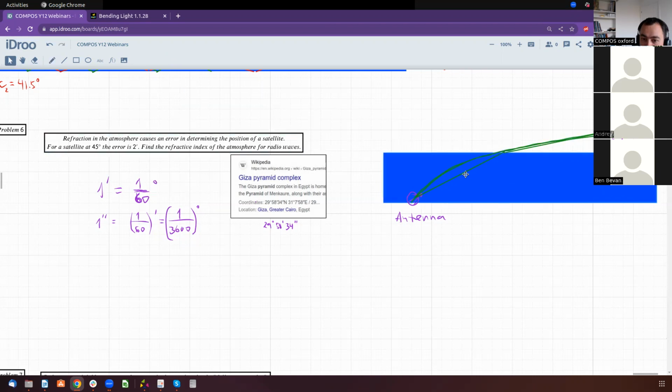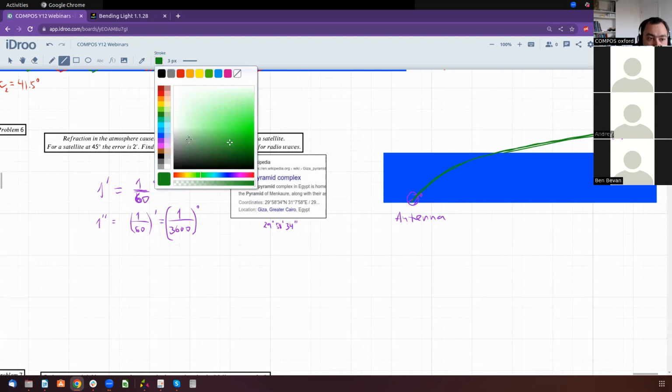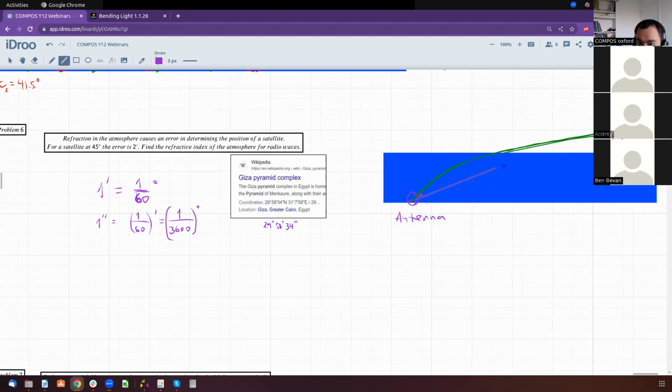But one of the problems that you should have done in the assignment is to see that even if it's a gradual bending, Snell's law still applies. Okay, so this is θ1, and this is θ2.